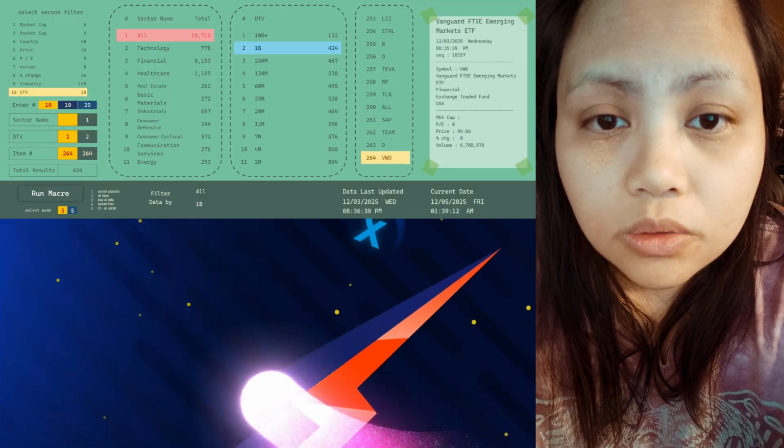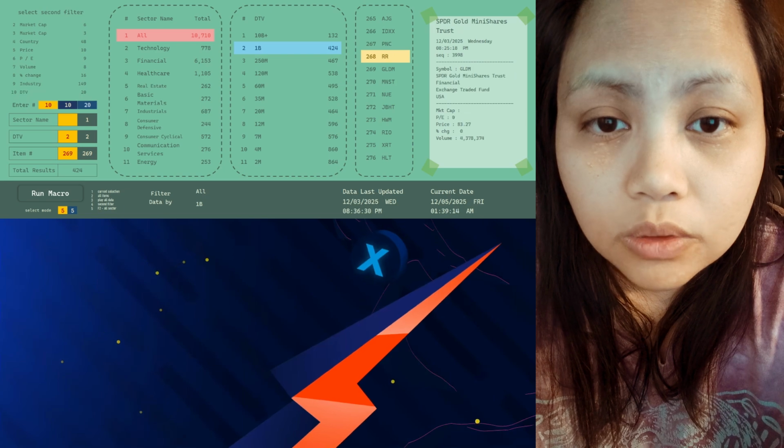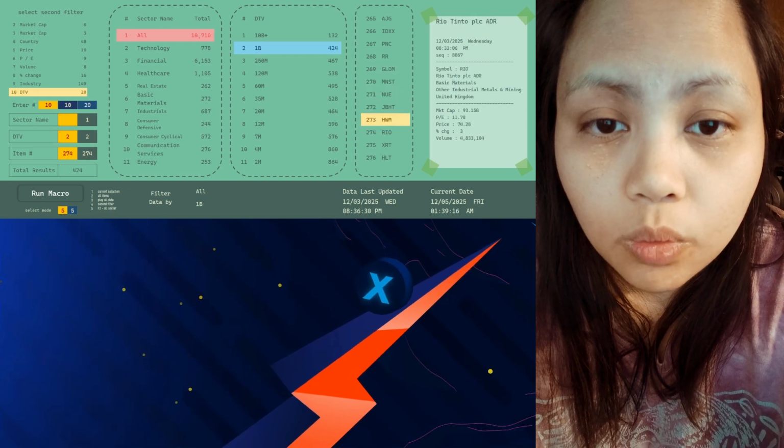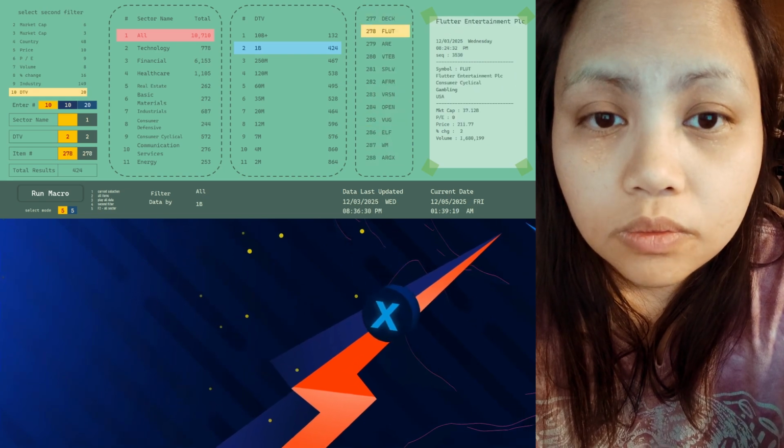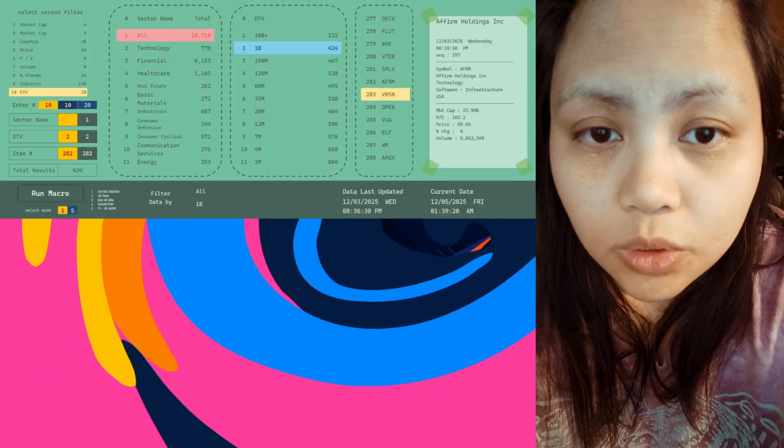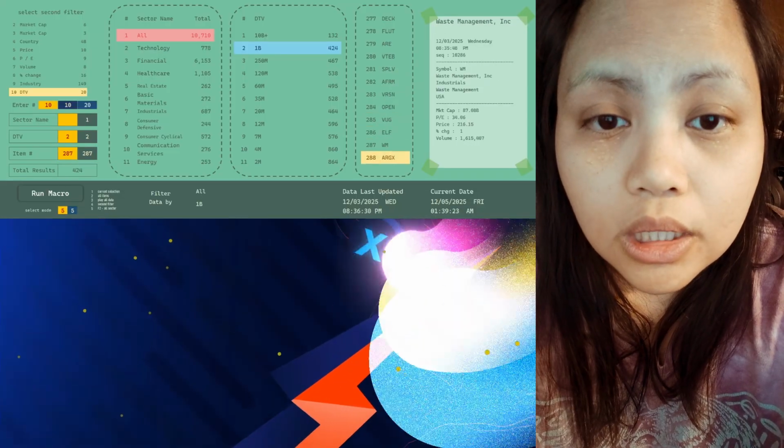So if you want the highest, it would be the first, or whatever is the one with the first result, and then number 1. And if you want the lowest, then it would be the lowest bin with the results, and then the lowest item number.